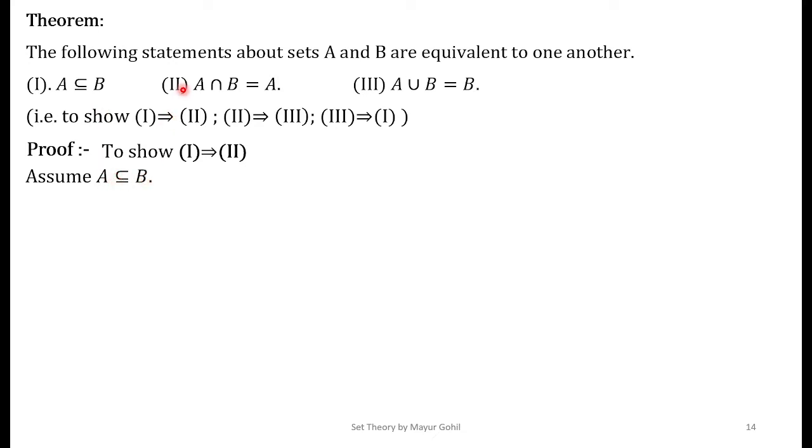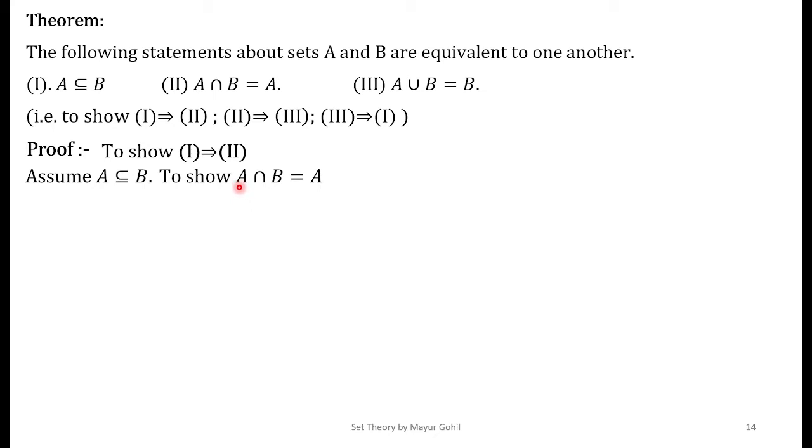Now when we are trying to prove that A intersection B is A, remember here we are trying to show that two sets are equal. By the definition that we had seen in our previous videos, when two sets are equal, the meaning was that the two sets are subsets of each other, right?